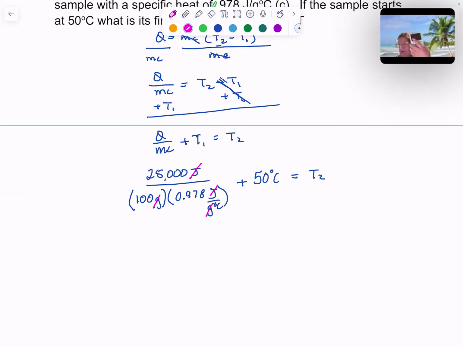So let's get out our handy dandy calculator and do some math here. We've got 25,000 divided by 100 and divided by 0.978. So this is going to give me 255, and I'm keeping all the figures right now in my calculator.